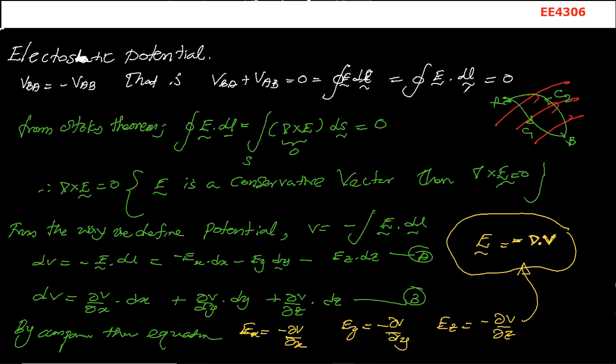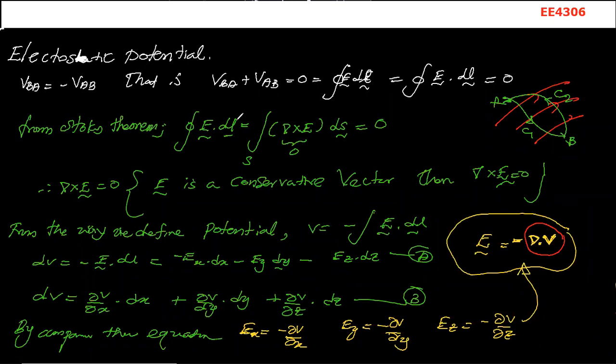Minus the gradient V represents the electric field intensity. The gradient, can you remember, represents the rate of change of the scalar field. So minus the gradient V represents the electric field intensity at the given point.